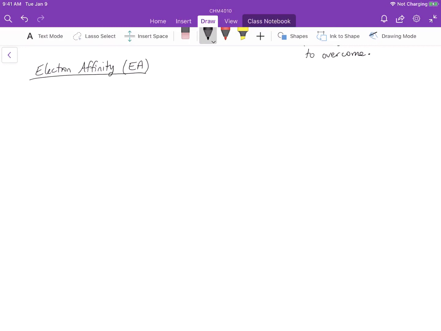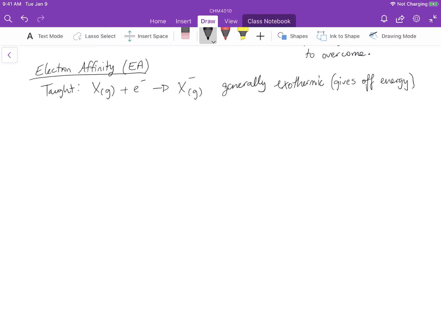So you were probably taught that this is the gas phase element, and you add an electron to it to make the negatively charged species in the gas phase. This is generally exothermic. Remember, it gives off energy. Again, in the gas phase.